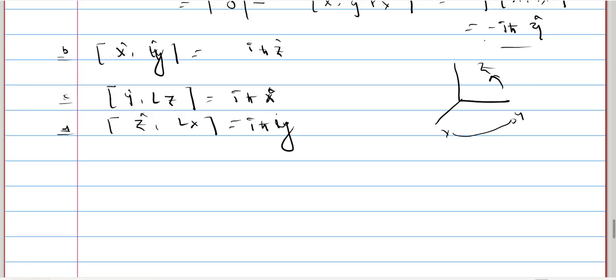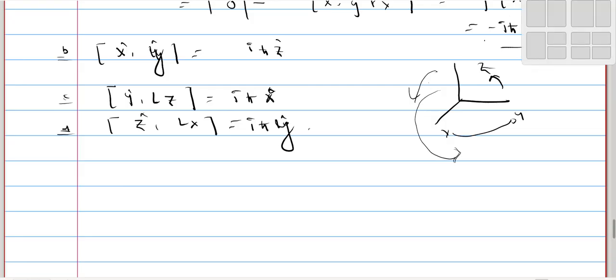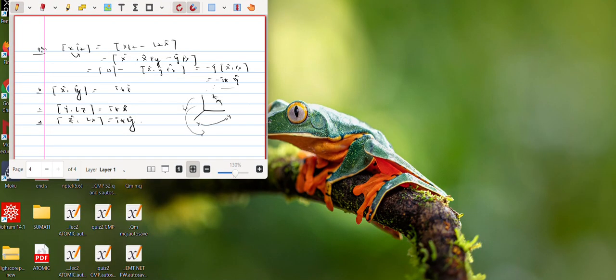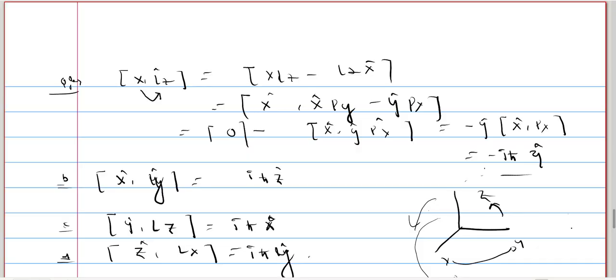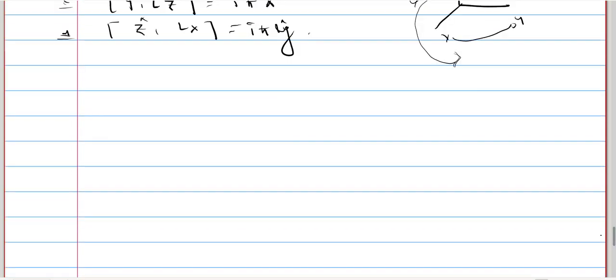This is k. This is the rotation formula. Rotation formula means we.